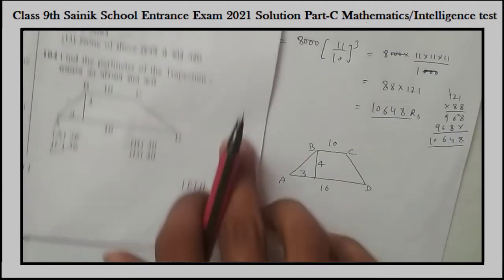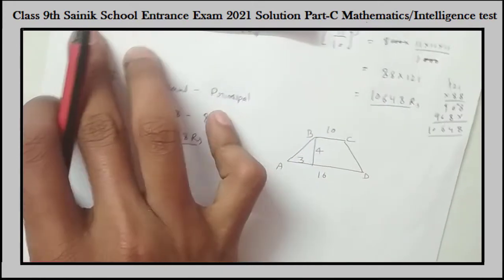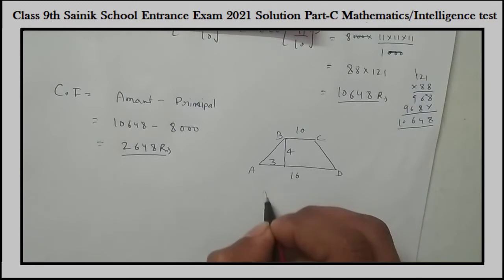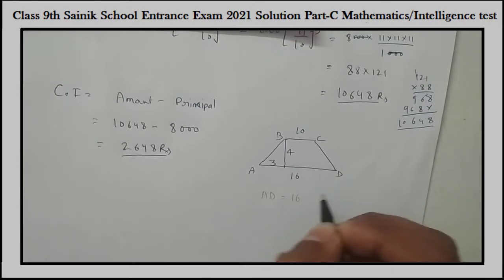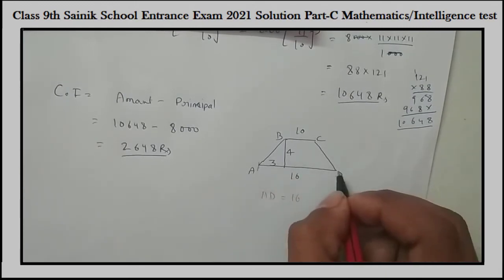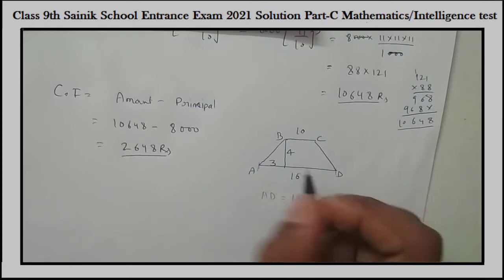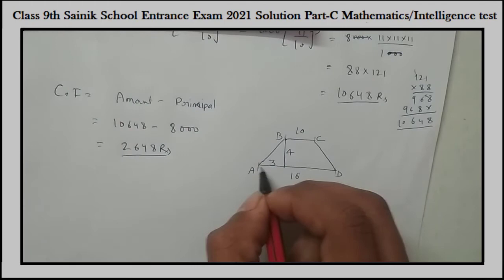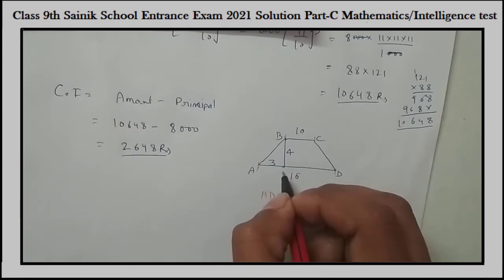So we have drawn the figure over here and we have to find its perimeter. Okay, so AD is equal to 16. Okay, means this length. This is 16 and BC is 10. So let us assume here X.